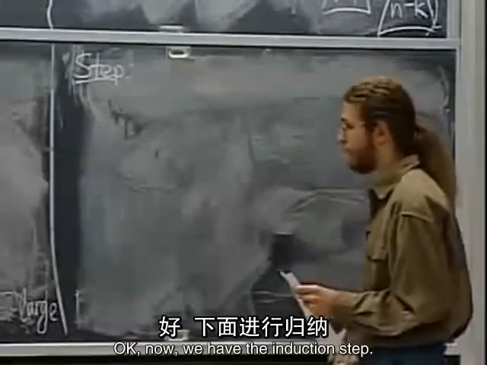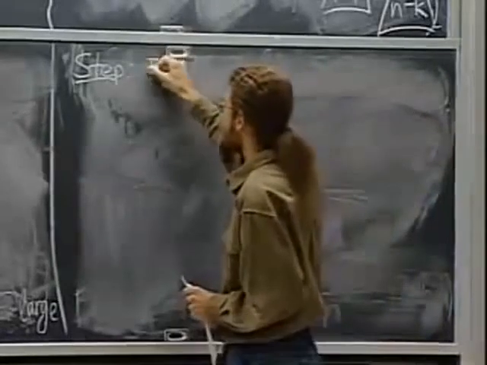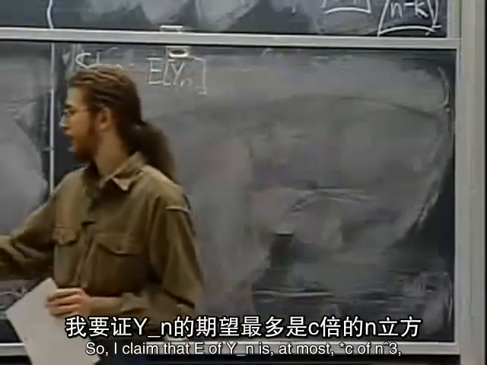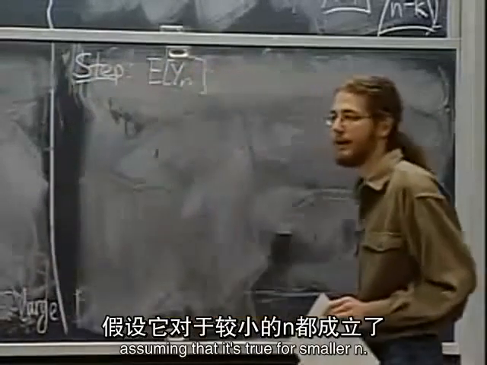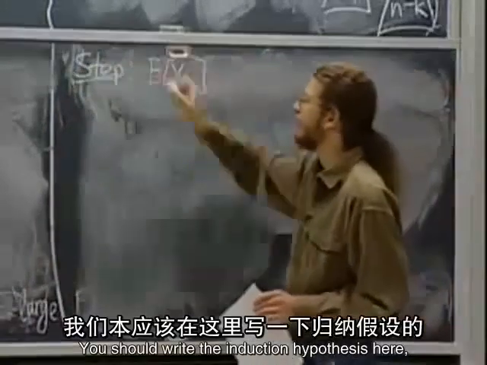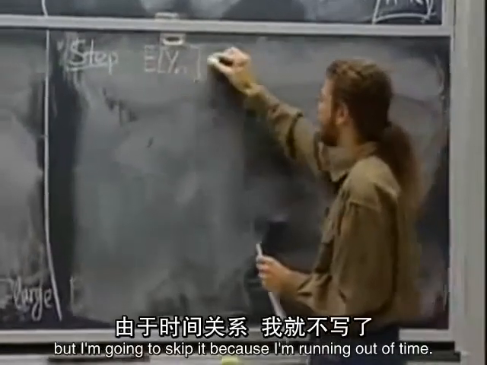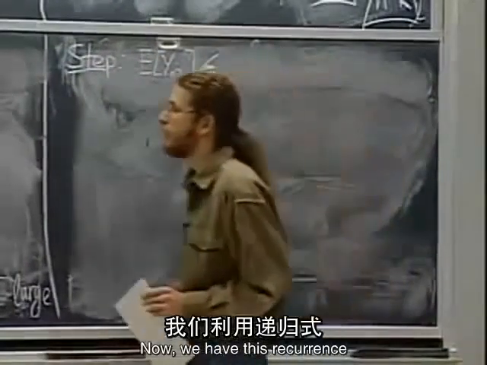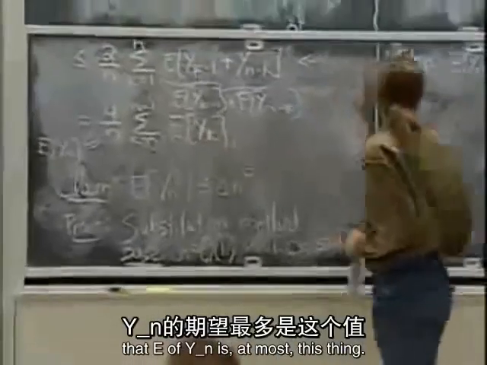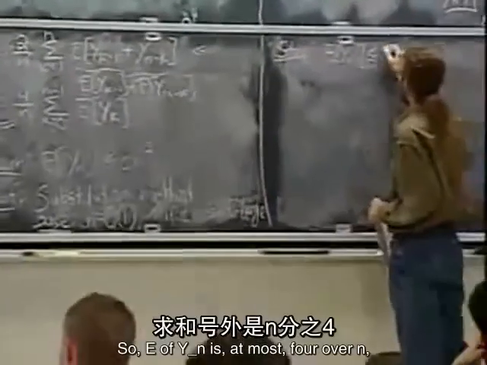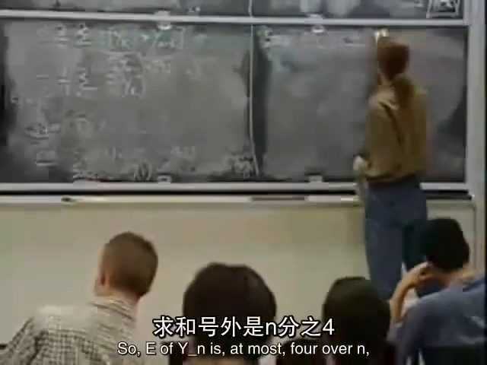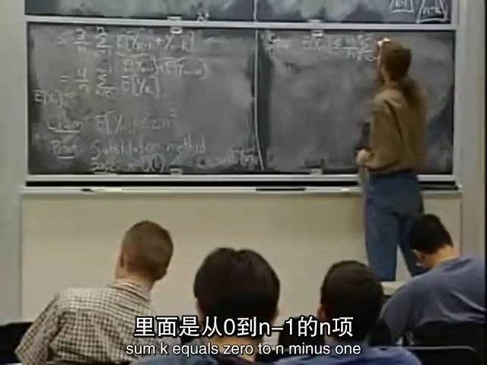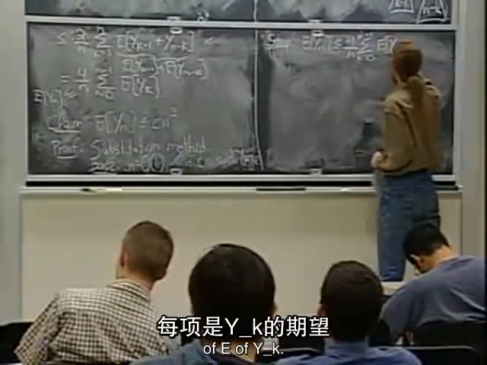Okay, now we have the induction step. So I claim that E of Yn is at most c n cubed, assuming that it's true for smaller n. You should write the induction hypothesis here, but I'm going to skip it because I'm running out of time. Now we have this recurrence that E of Yn is at most 4 over n sum k equals 0 to n minus 1 of E of Yk.